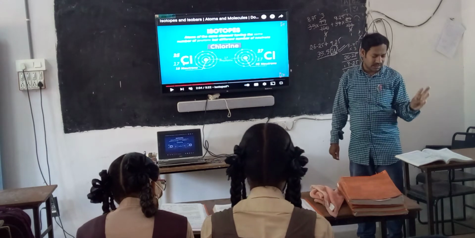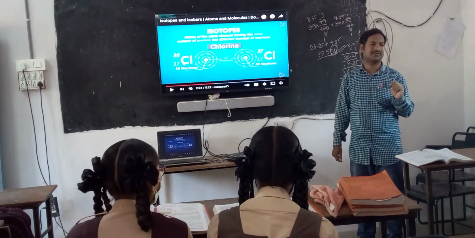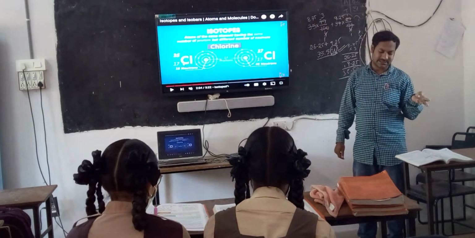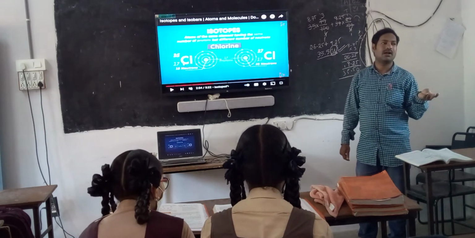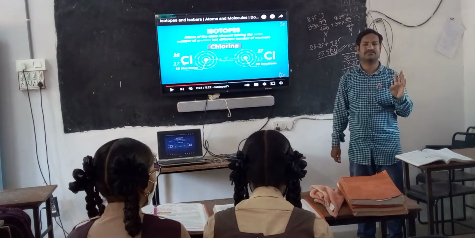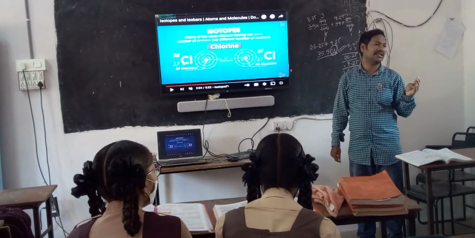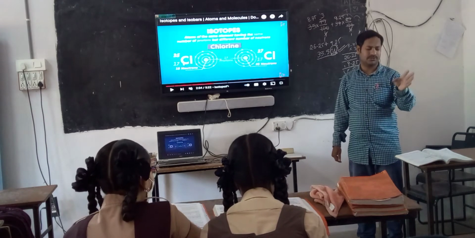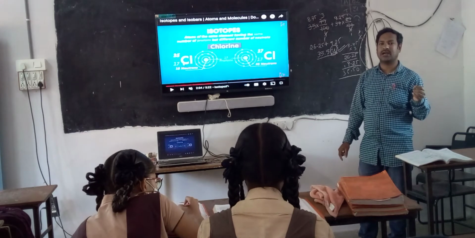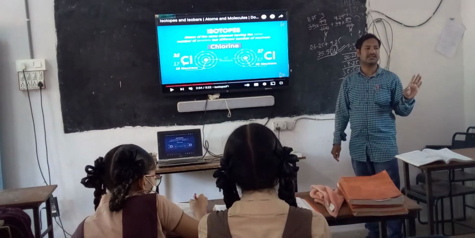The isotope of uranium is used as fuel in nuclear reactors. Second, the iodine isotope is used as a treatment of thyroid. Next, the isotope of cobalt is used as a treatment of cancer.